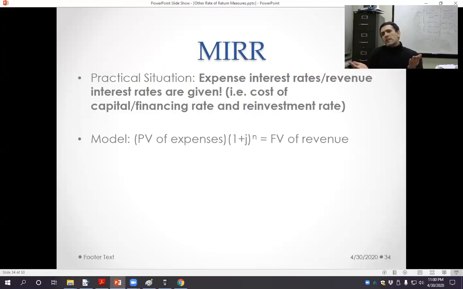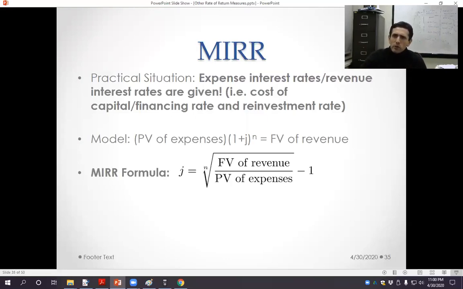And so we're setting this up just like we did as a yield problem, as we've done many times, where we have one expense, it accumulates to some number. How is that modeled, and what interest rate is that modeled by? Okay. So you solve for J, very simple algebra.